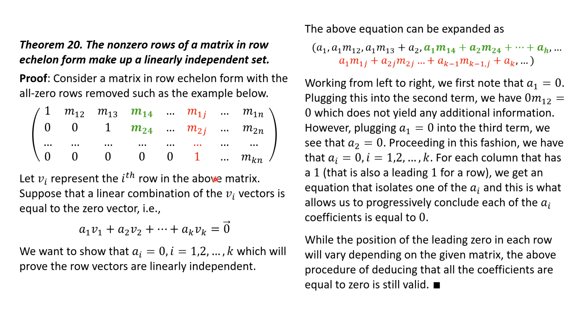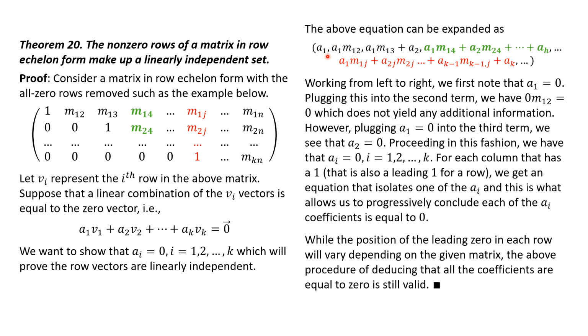And then we have some additional components, but we don't need those to show that all the a's are 0. So working from, and keep in mind, this vector here that we've computed equals the 0 vector. That's where we started. So each one of these components needs to equal 0. So the first one's easy.